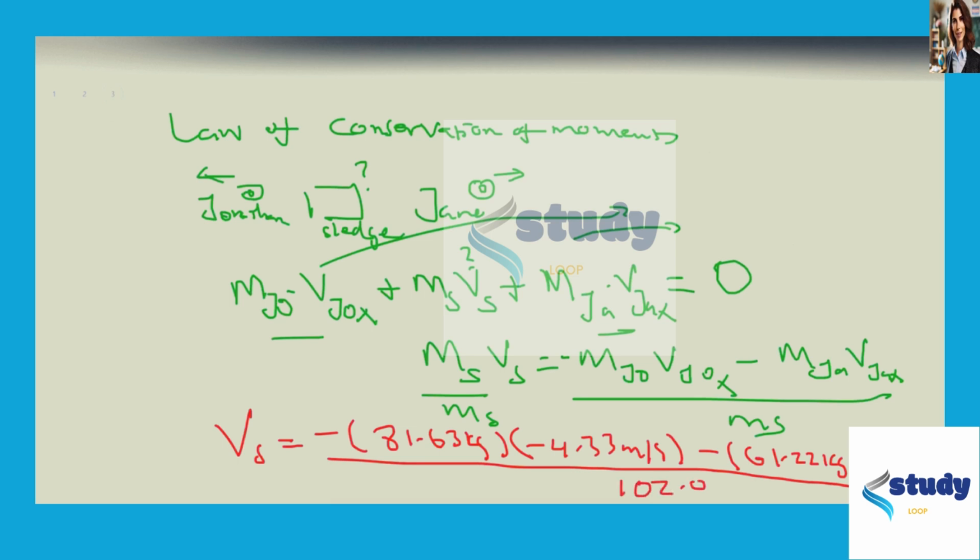We had to do the conversions; you could have waited until the end to do them. Finally we find that the velocity of the sledge is positive, 0.105 meters per second to the right.